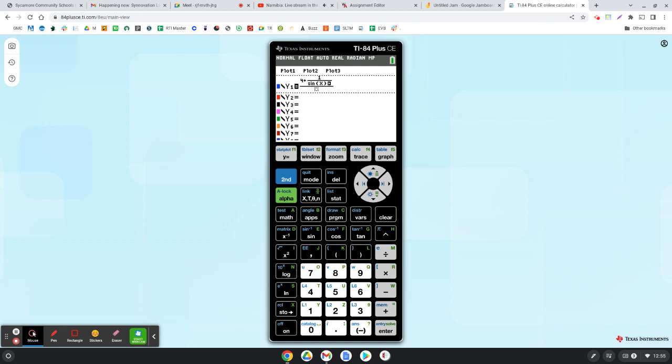And on the bottom, we have 8 minus cosecant. So 8 minus alpha, y equals, enter. 1 over sine of x. Now, I don't want to graph it because it's going to take too long. I don't even want to trace it. I want to calculate dy dx.